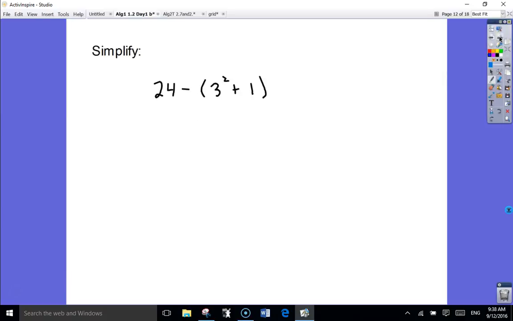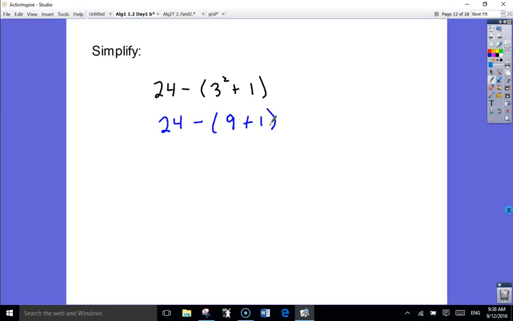Okay, how about this one? What's the first operation I'm going to do here? Okay, well, if I go to the parentheses, then I've got to go inside the parentheses and say, what's the first operation I'm going to do? The 3 squared inside parentheses needs to be the first thing, right? So that's 24 minus 3 squared is 9 plus 1.